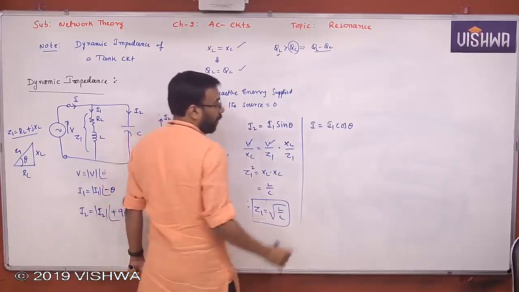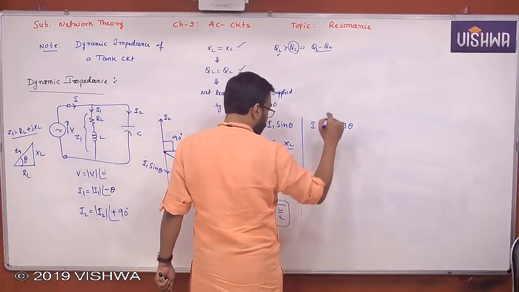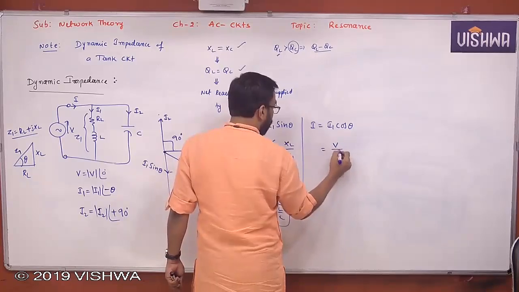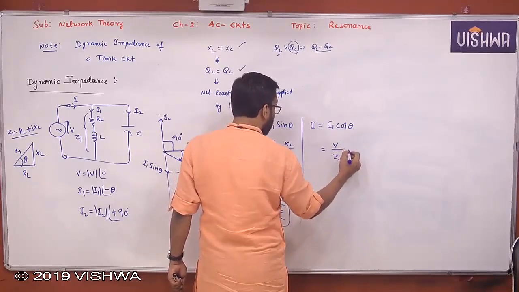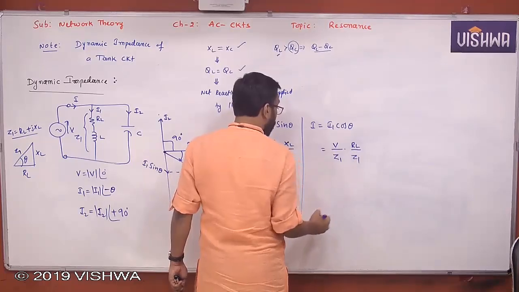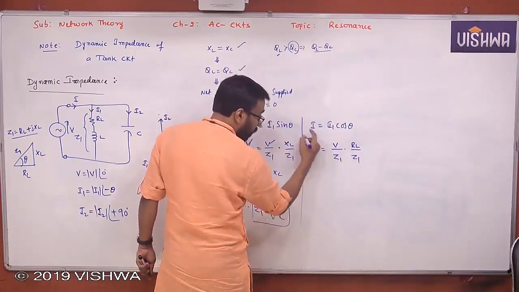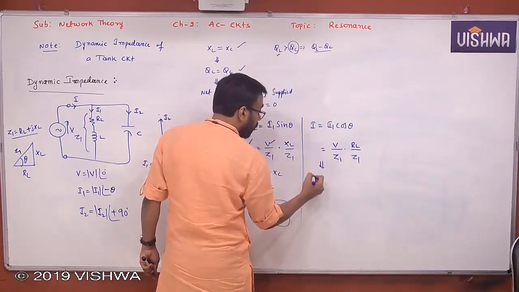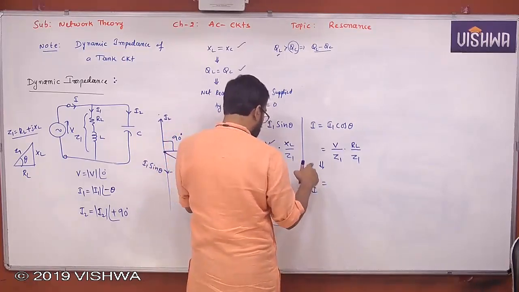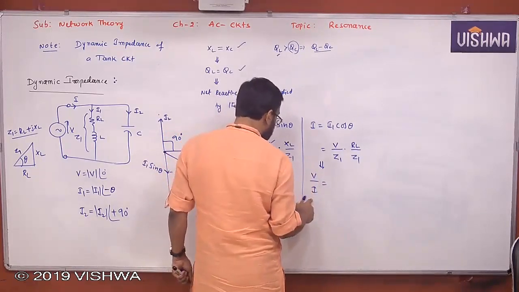Right. Now here you can see I remains the same, but it is V by Z1 times cos theta, and cos theta is nothing but RL by Z1. Yes or no? From this you can say V by I, the RMS voltage by RMS current, is nothing but the impedance.